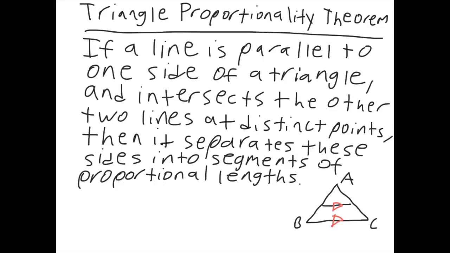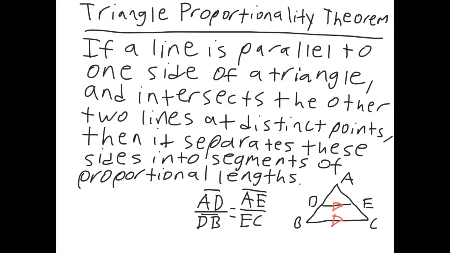So if this line is named DE, then we can say that line segment AD over line segment DB is equal to line segment AE over line segment EC.